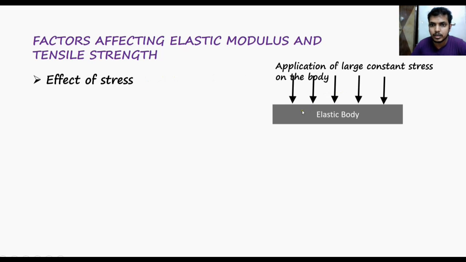Constant application of stress on the body will change the body shape, and that will also affect the elastic property of the material. If it is thinner, the elastic property will be different; if it is thicker, the elastic limit will be different. So the stress will affect the elastic modulus and strength.